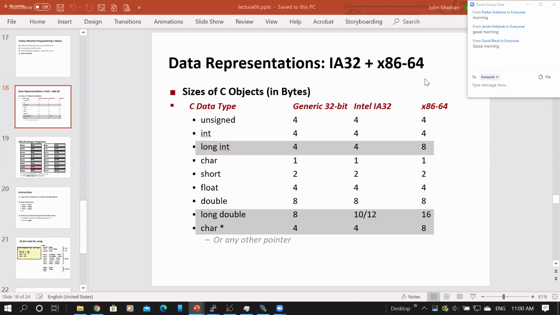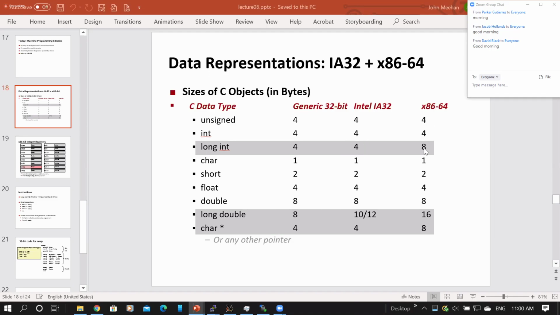So we're seeing this thing on the screen here before, these data types. And remember, on the 32-bit machine, you get some slightly different things when you compile your C program than if you compile it for a 64-bit machine. And the ones that are different are the long int. On a 32-bit machine it is simply the same thing as an int.